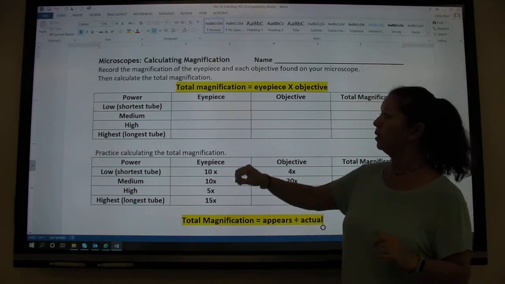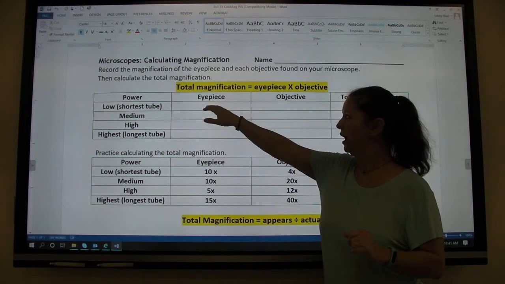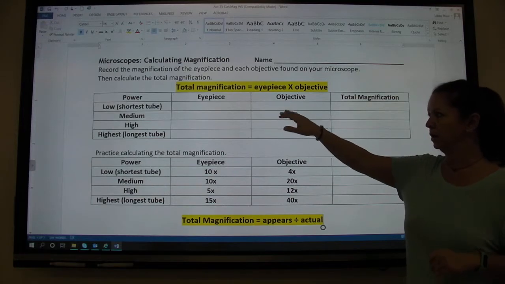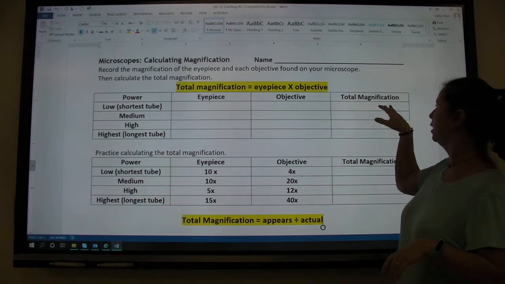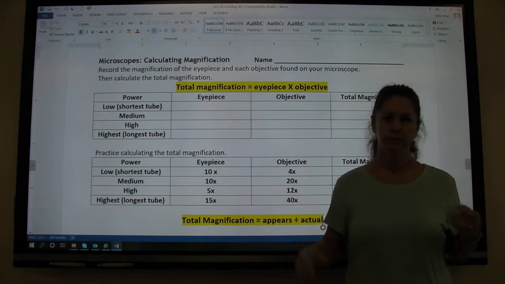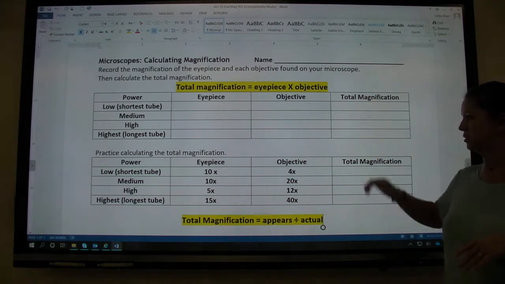All right, and so you multiply your eyepiece, 10, times your objective, 4, and so your low power total magnification is 10 times 4. All right, so y'all fill in these numbers.